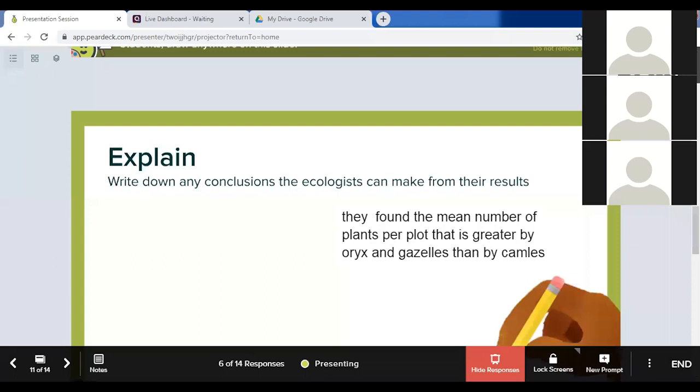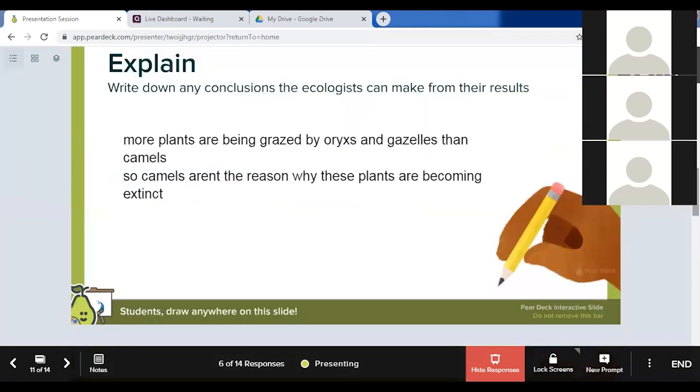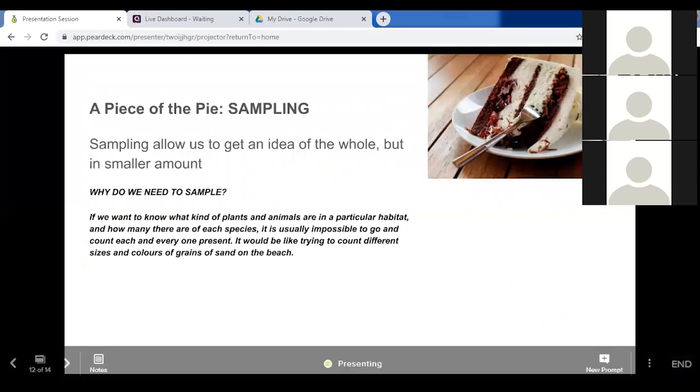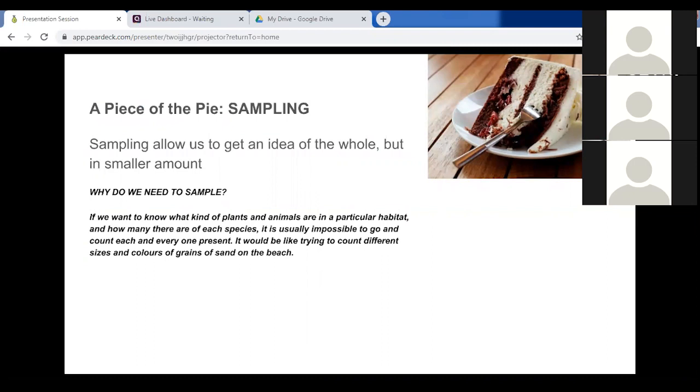Okay, so like you said, the camel cannot be the main reason why plants were becoming extinct, and that's correct. Now, how does ecology study the environment or the ecosystem?